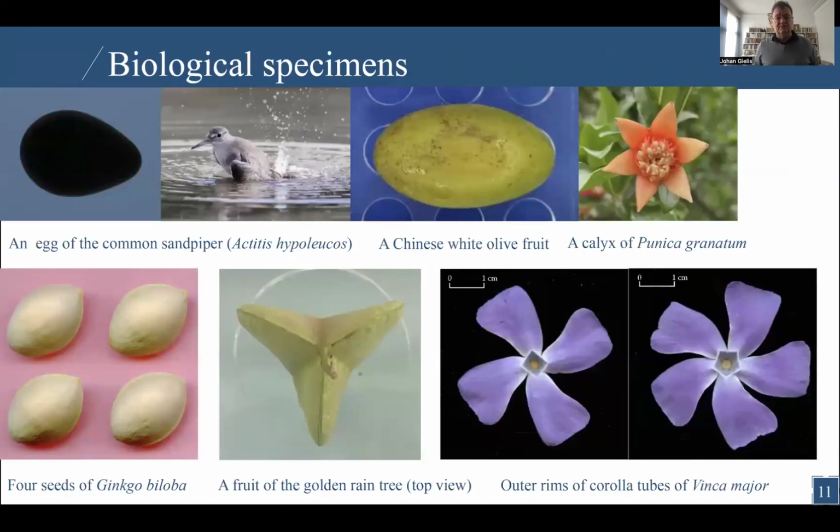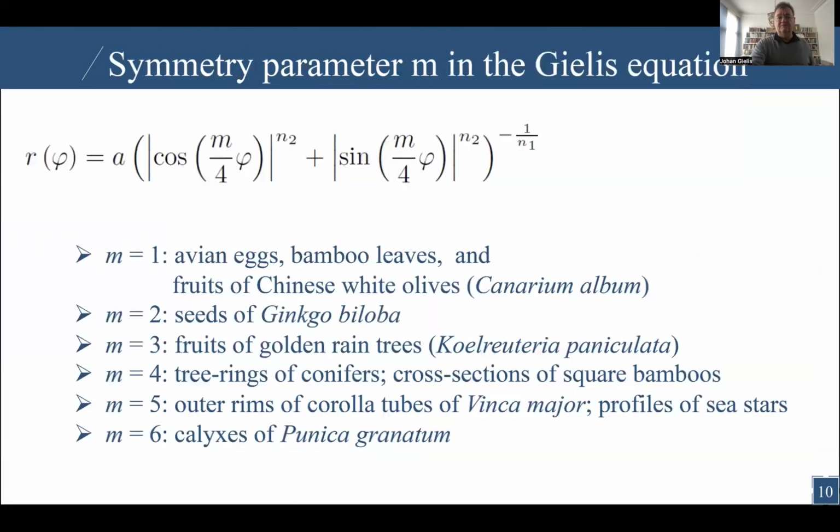For example, here are all the avian eggs we could do with M=1 and playing with two numbers. The Chinese white olive fruit. We have the Vinca major in the lower right panel. We have triangular shapes of the fruits of the golden rain tree. We have seeds from ginkgo biloba. And we could test really thousands of specimens, and they all fit very well. And to each number, to each shape, we could assign a set of absolutely very unique numbers.